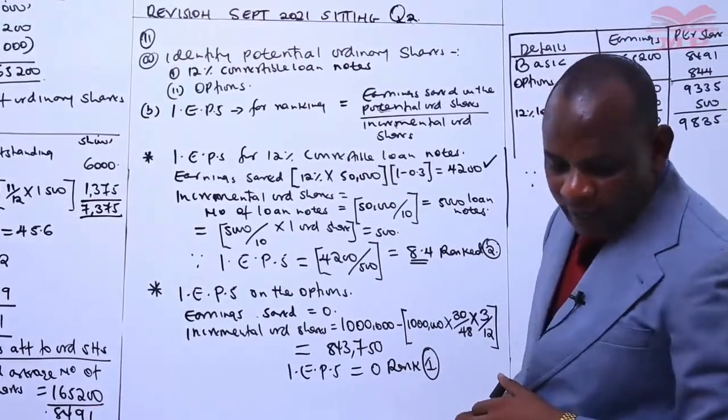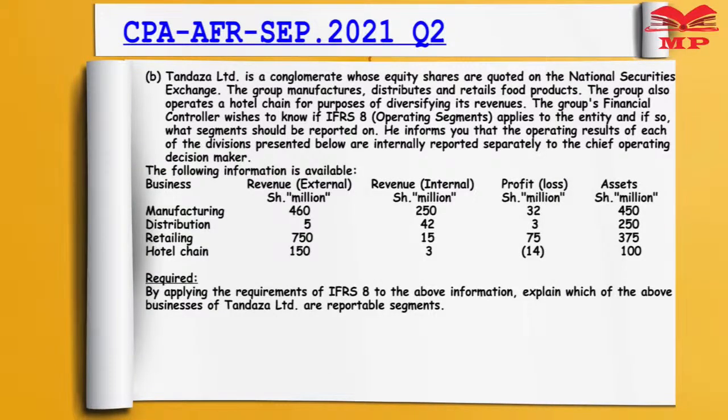Thank you for that. We're going to go to question 2. Question 2B, which requires your understanding of IFRS 8 segment reporting. I'll read the question. Tandaza Limited is a conglomerate whose equity shares are quoted on the Nairobi Security Exchange.